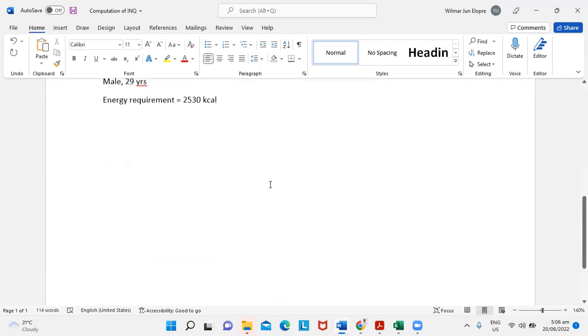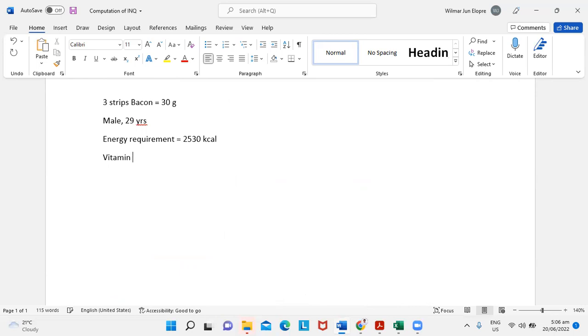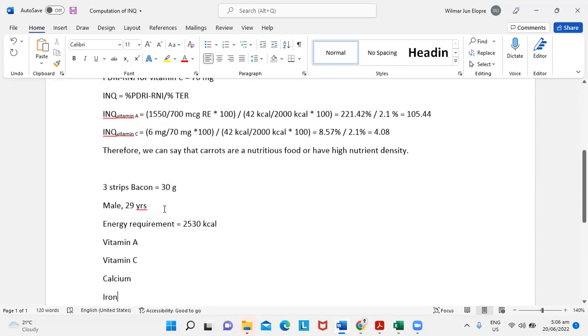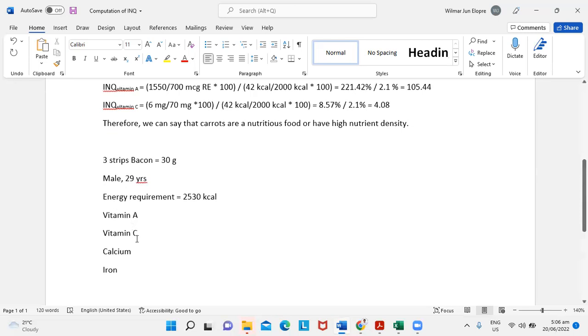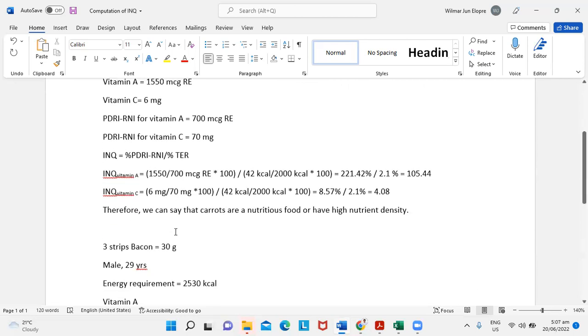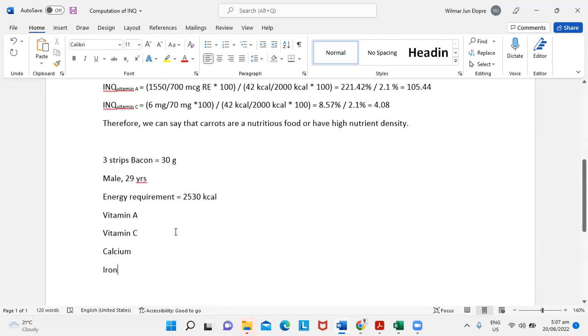And unsa man nga mga nutrients ang ato i-compute. Sige, vitamin A, vitamin C, calcium, and iron. Okay. So, nag-set up ta diri nga example sa INQ, no, para mas ma-demonstrate. Sige.